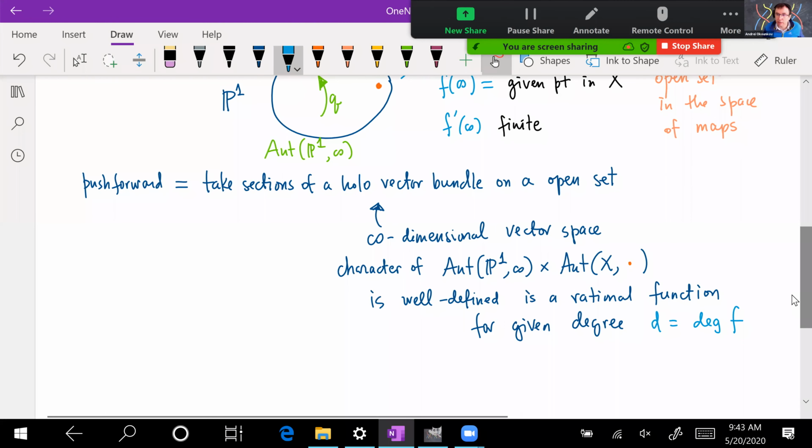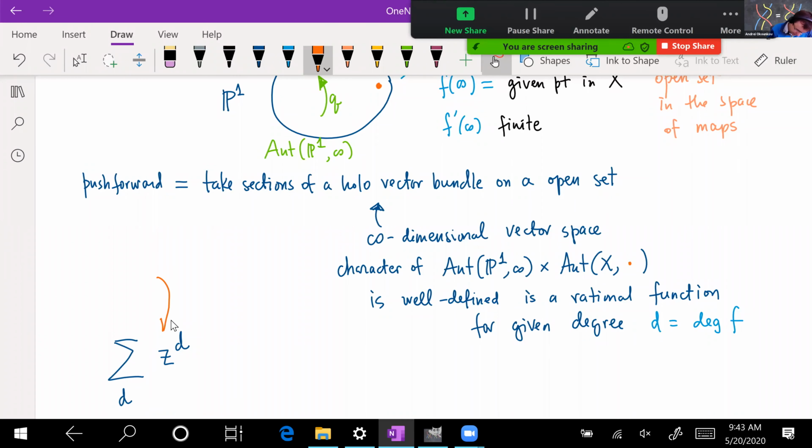And then we want to sum over all degrees. So we sum over all D. We remember, we introduced a new variable to remember the degree. Everywhere in mathematical physics, everywhere in this course, we'll be using generating functions, and today we'll use them in a more essential way.